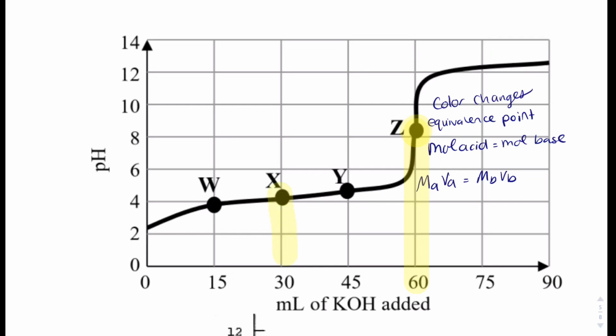So X then represents what? Well, that's at 30, so X must be the half equivalence point.